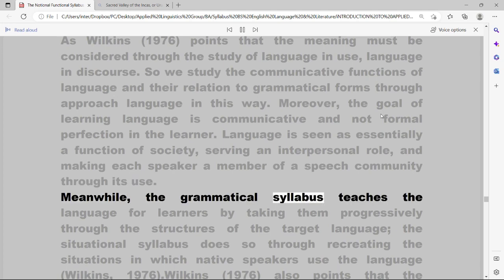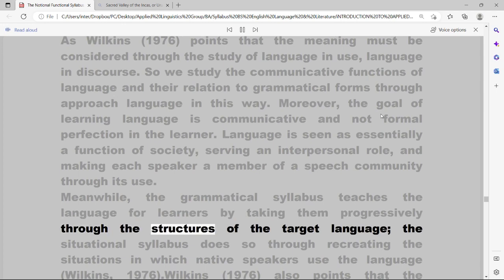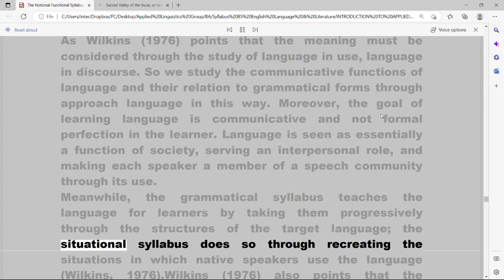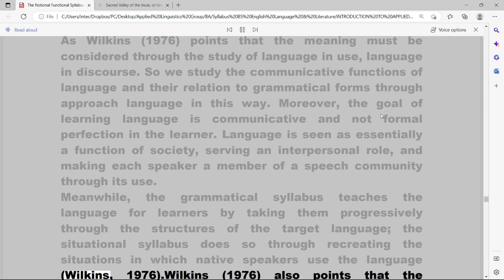Meanwhile, the grammatical syllabus teaches the language for learners by taking them progressively through the structures of the target language. The situational syllabus does so through recreating the situations in which native speakers use the language (Wilkins, 1976).